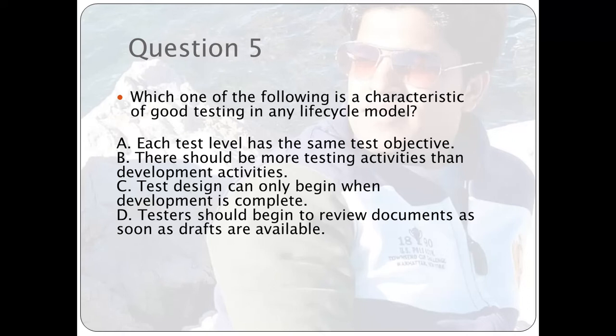Whenever the draft version is ready, testers should be included as part of the review process, and with the help of BA they should also raise queries and clarification to the customers depending upon different projects. The other three options are not correct. Each test level has the same test objective, which is not true. There should be more testing activities than development activities, again no. Test design can only begin when development is complete, again a no. So D is the correct answer.